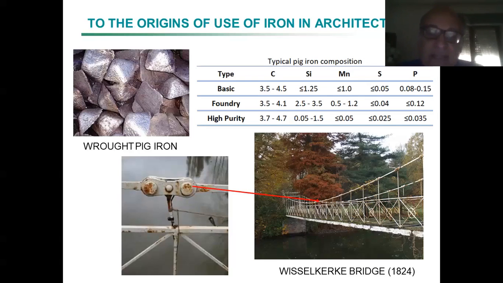They were made basically in cast iron, which was wrought pig iron in reality, because it wasn't really cast iron. The difference between the wrought pig iron and the cast iron, apart from that, is that the amount of carbon is substantial, so we are in the region of cast iron.